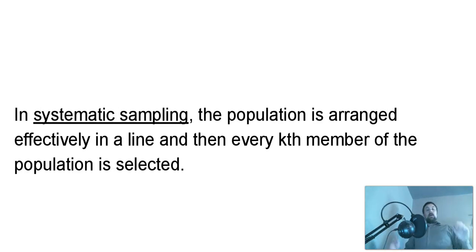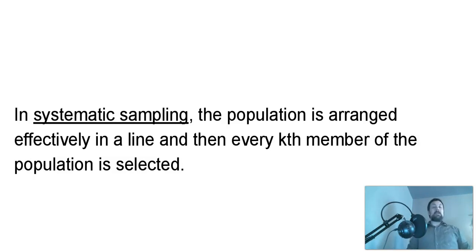Okay. So here are some other sampling techniques that we could use. These are not necessarily random samples. So in systematic sampling, the population is arranged effectively in a line, and then every kth member of the population is selected.